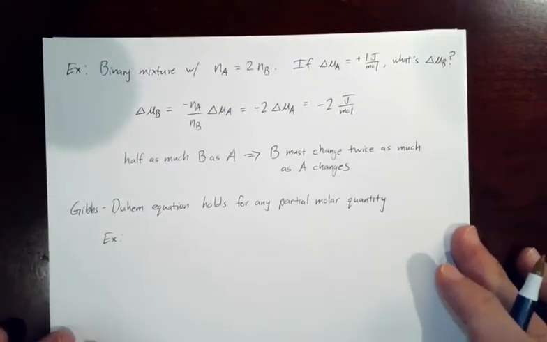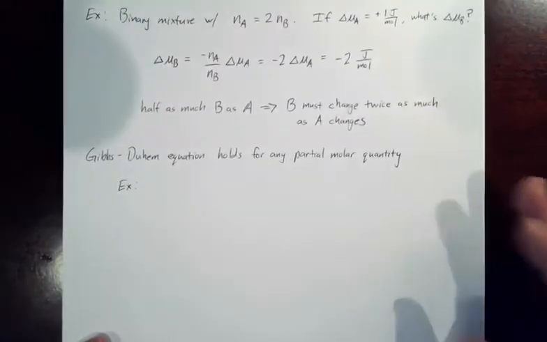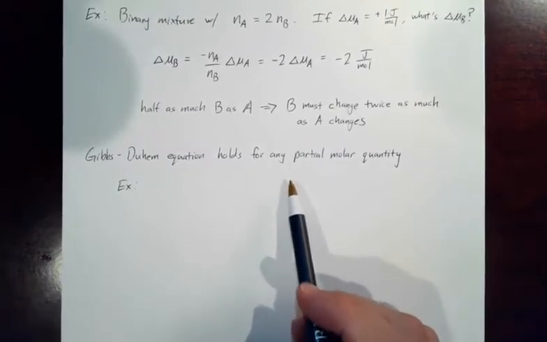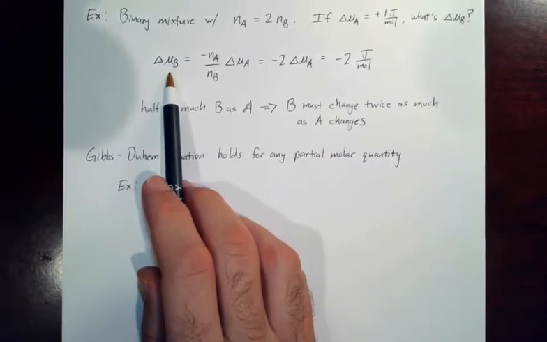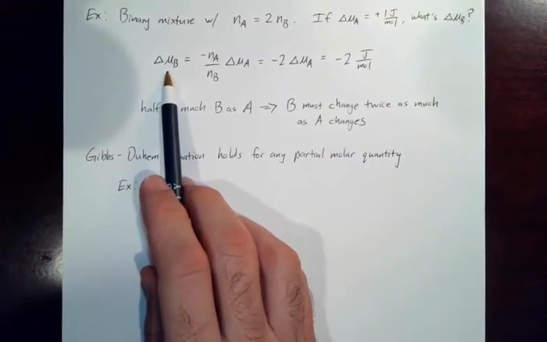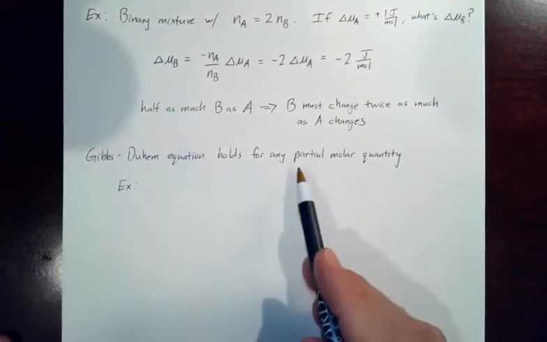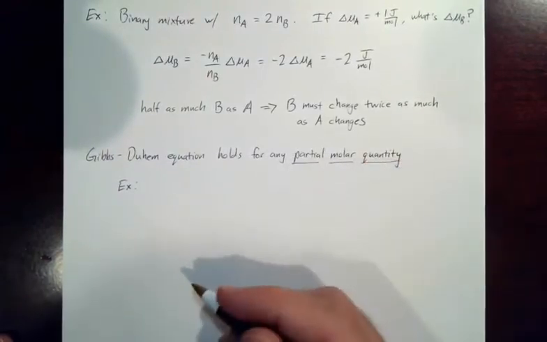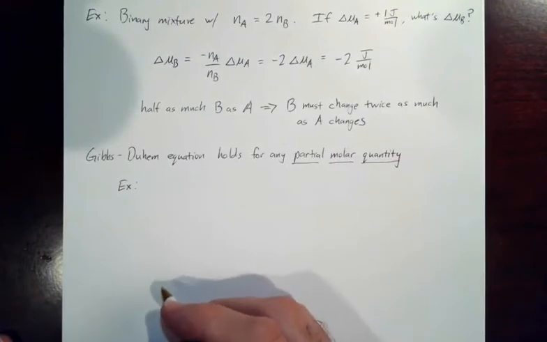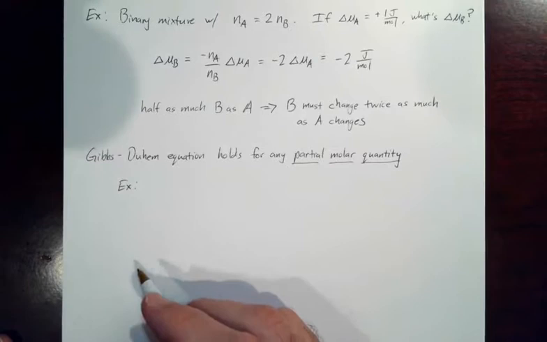All right, and the Gibbs-Duhem equation holds for any partial molar quantity, not just the partial molar Gibbs energy, aka chemical potential, but for any partial molar quantity, which is the topic of this section. So for example, I can do the Gibbs-Duhem equation for the partial molar volumes.